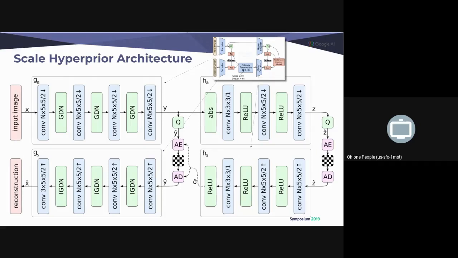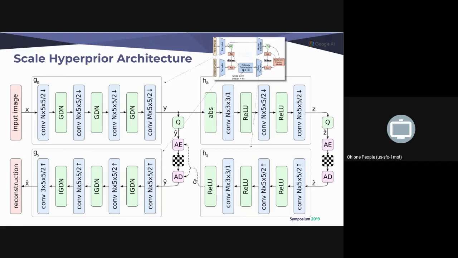So convolution with a stride goes down, this goes up. And in practice, it gets implemented as the backprop function for convolutions. So we have this stack of things which predicts the sigmas. These sigmas get used to encode the quantized codes coming from the original encoder.